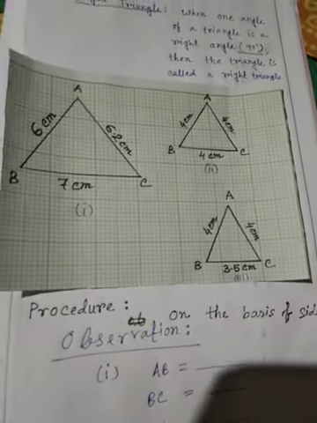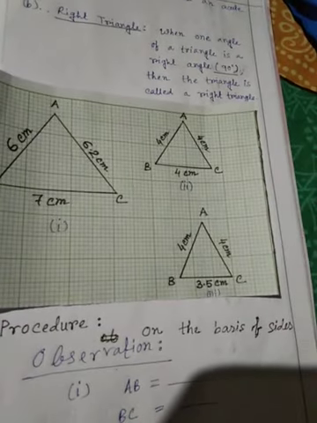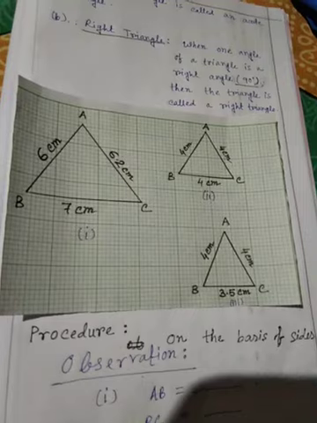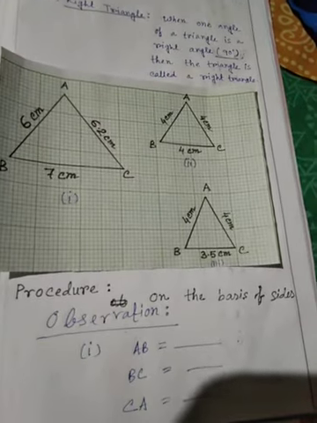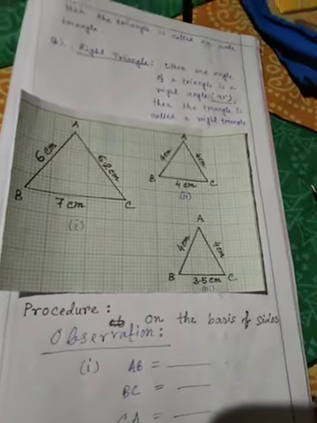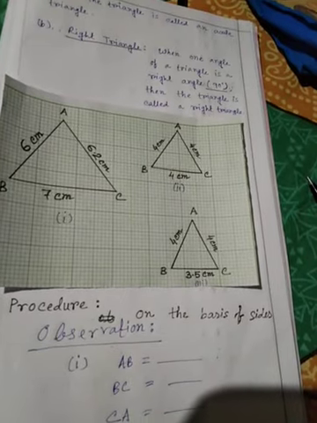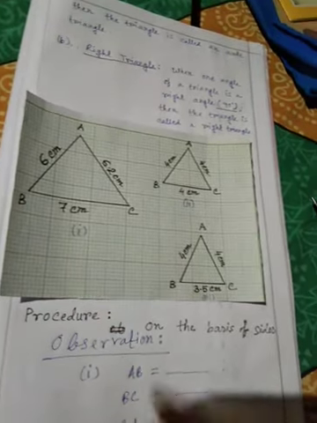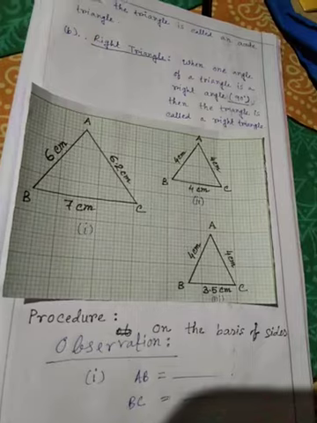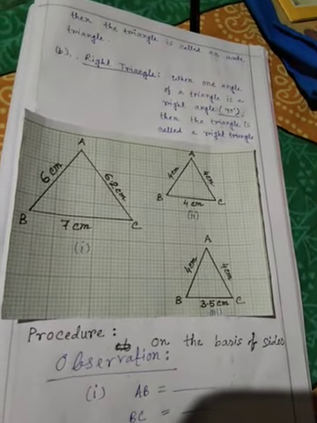Okay, so three different triangles I have taken. Which triangle is following which property, that part we have to write in the observation part. Means for the first triangle, here we can see its three sides are different. So which type of triangle is this?